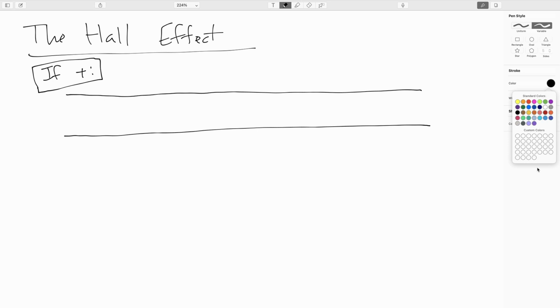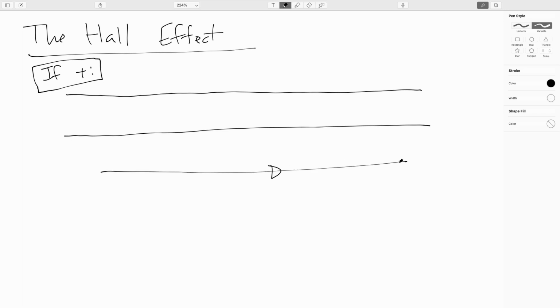So let's say that we have a conventional current that is flowing from left to right. So let's imagine also that we've just turned on a magnetic field that is going into the screen.